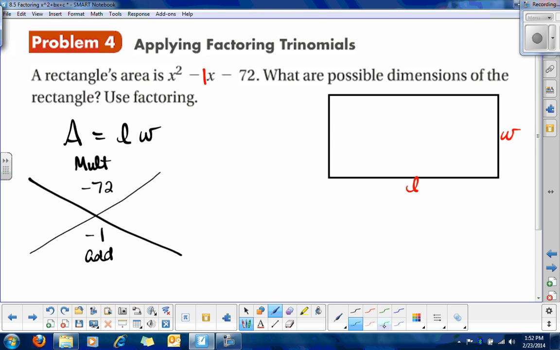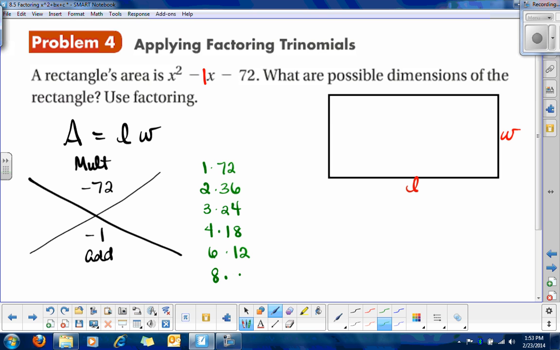So now we have to write the factors of 72. So 1 times 72, 2 times 36, 3 times 24, 4 times 18, 6 times 12, and then 8 times 9.